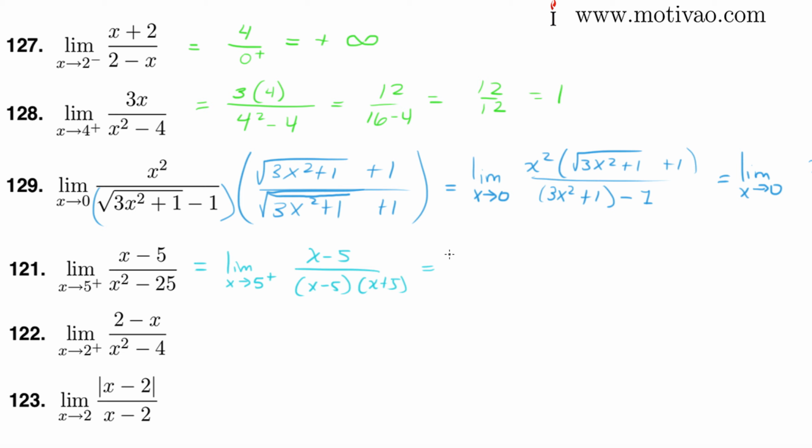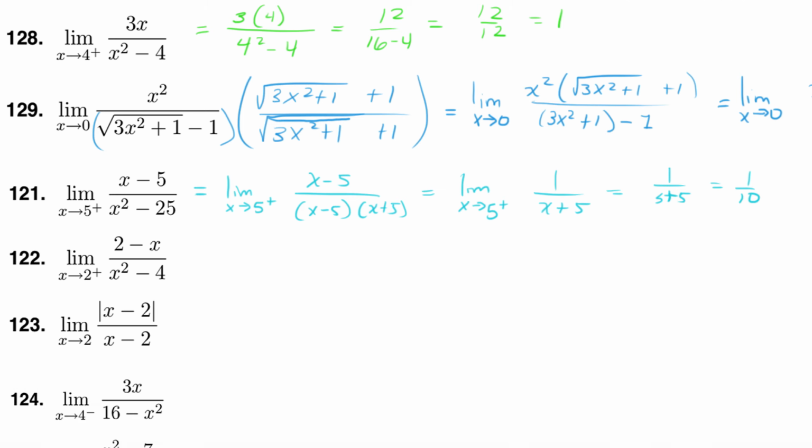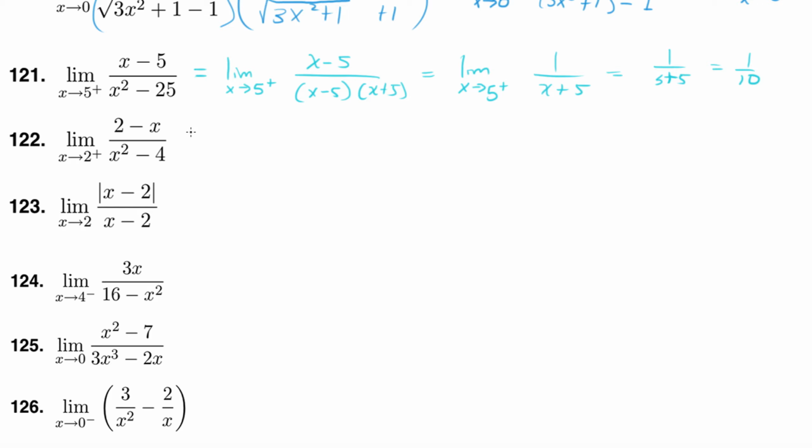I can get rid of the term x minus 5. Now you're left with x plus 5, which gives you 1 over 5 plus 5, which is 1 over 10. Okay, notice in this example, from the left and from the right, it's still going to give you 1 over 10.